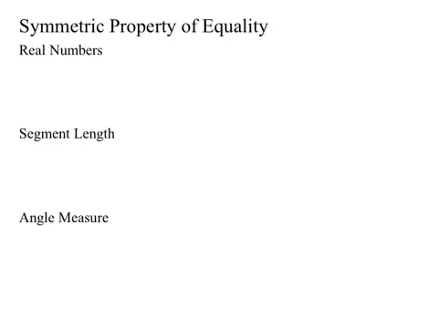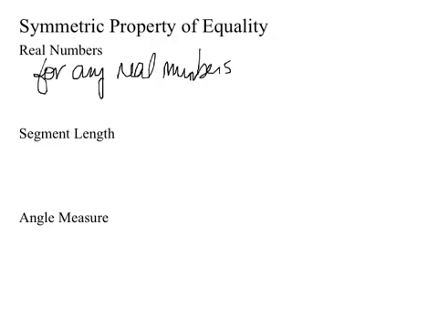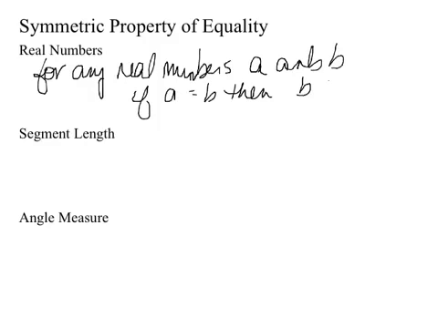Okay, symmetric properties of equality. For real numbers, so for any real numbers A and B, if A equals B, then by golly, B is going to equal A. Same thing for segment length.